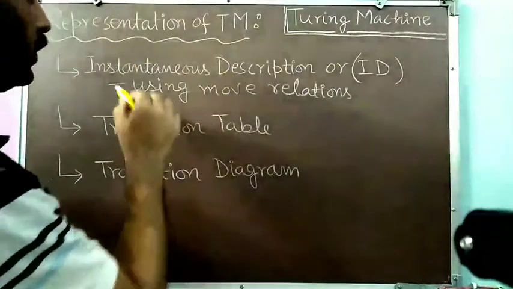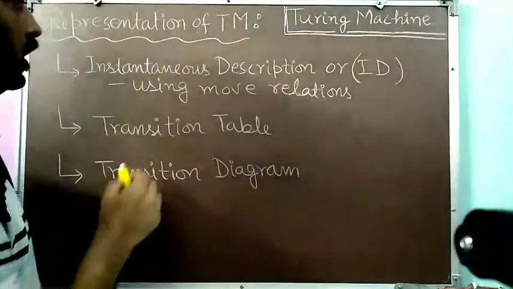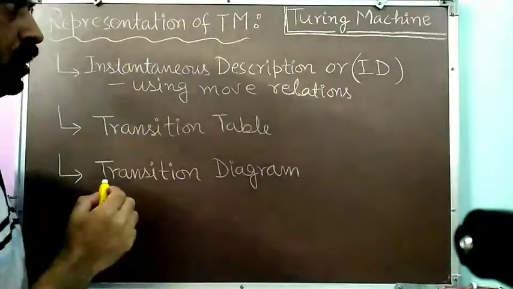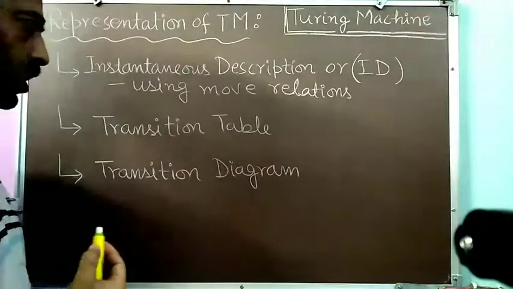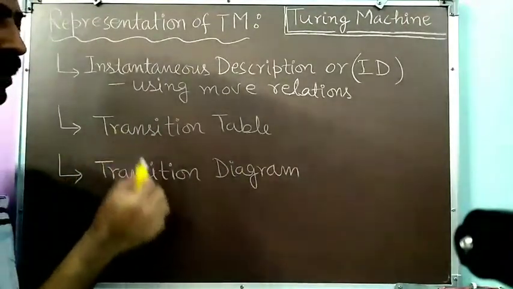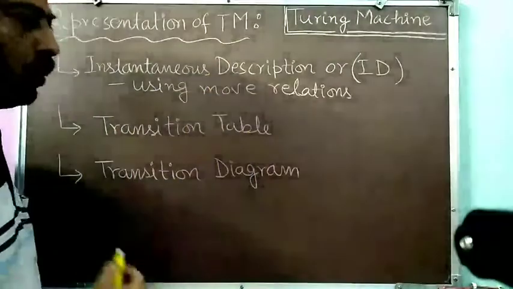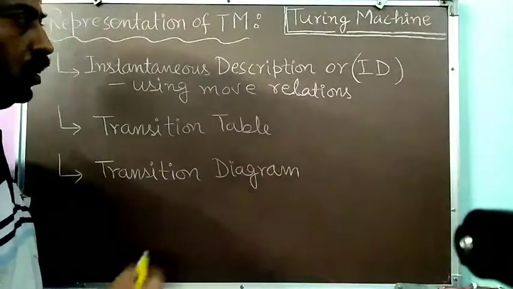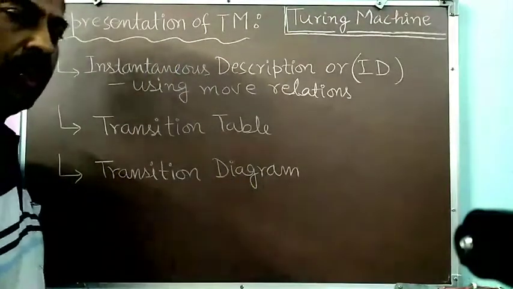Among these, the first one makes use of move relations, and this description will tell us the current status of a Turing machine in action, while the transition table and transition diagram representations will tell us how our Turing machine works as a whole. So now we will be discussing these representation methods in detail.